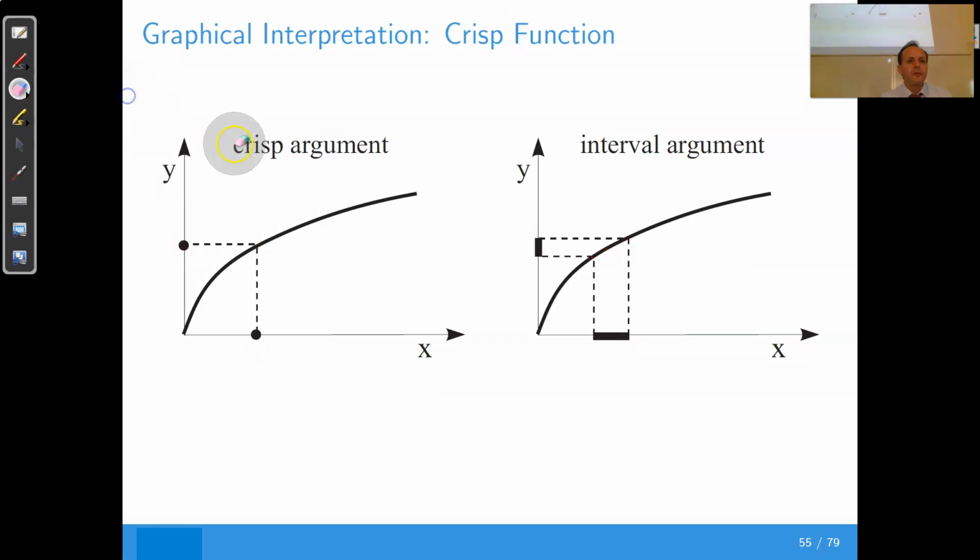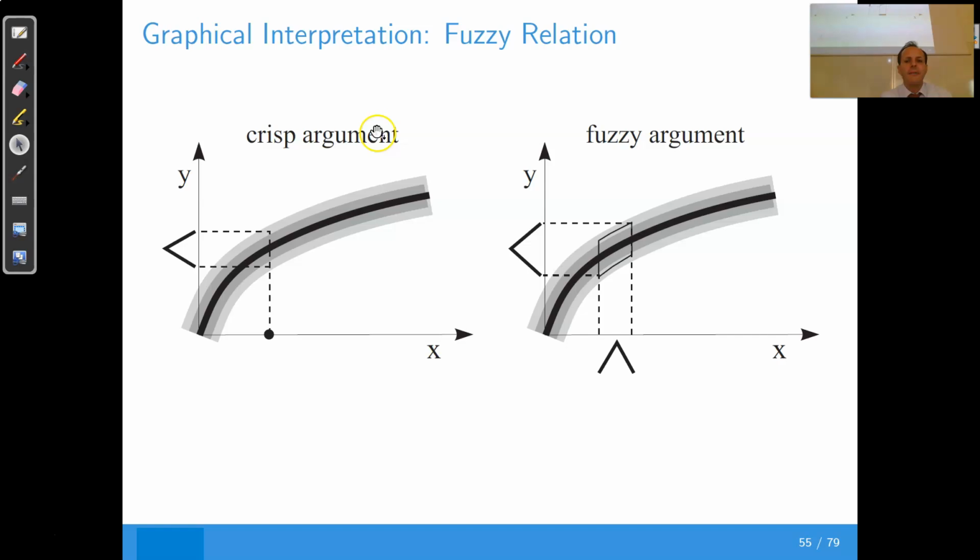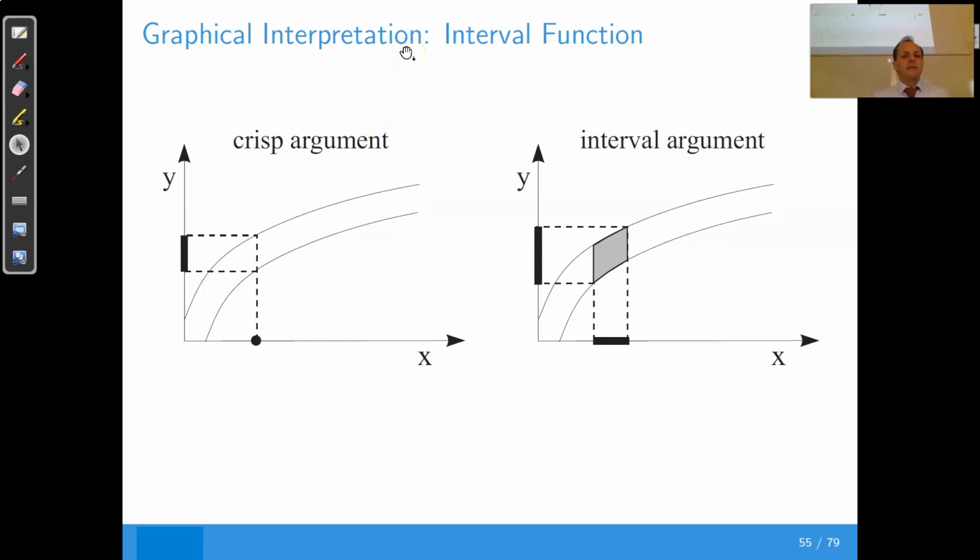So let's move to the concept of an interval function. Interval function is used in some domains. For example, in some courses you might have seen something which is defined as a boundary.